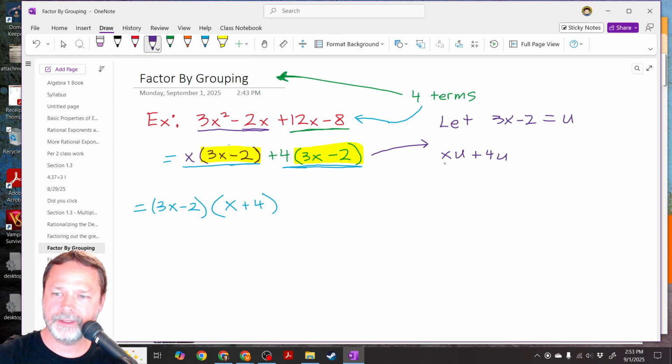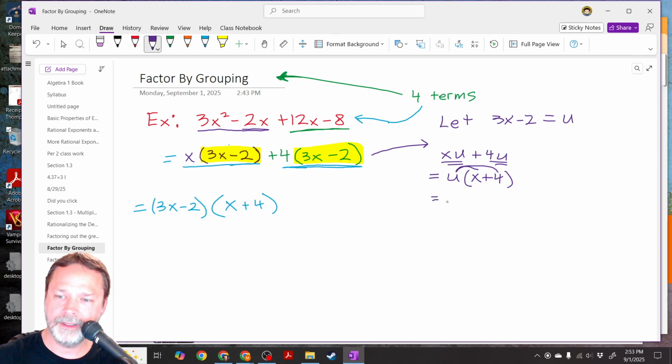And if I was going to factor this, what's the common factor? Well, I got a u in both terms. Then I got u times x plus 4. And we can see that if we distributed this in, u times x is xu, and u times 4 is 4u. So that is perfectly right.